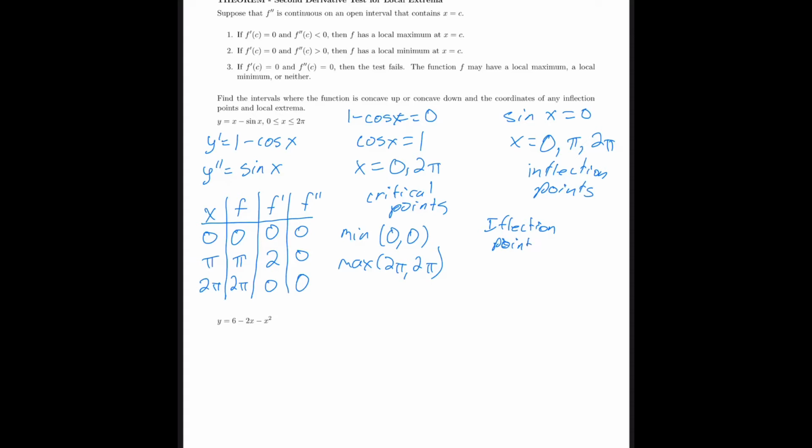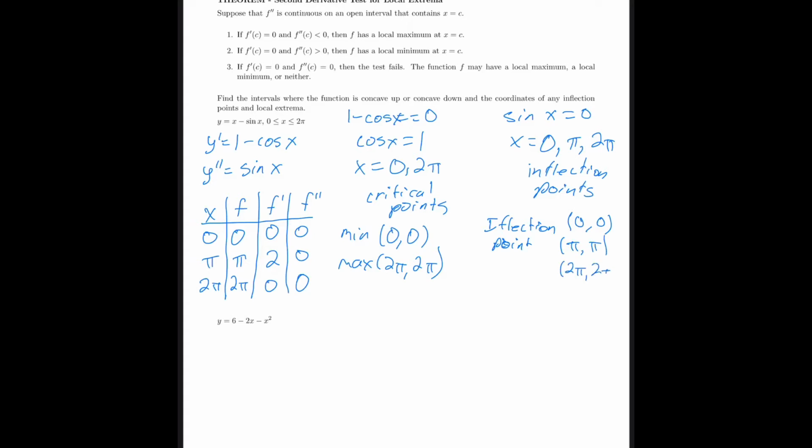Okay, and then I know there is an inflection point at pi. And at 0 and at 2 pi, but it turns out that those are also local maximums and minimums because of this.